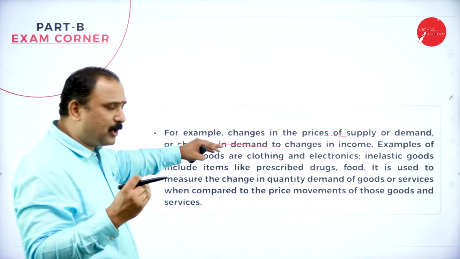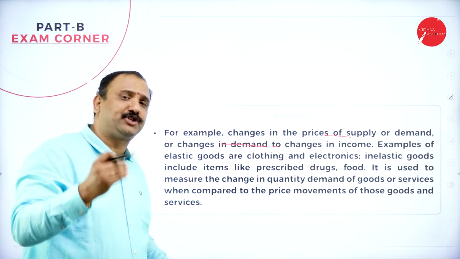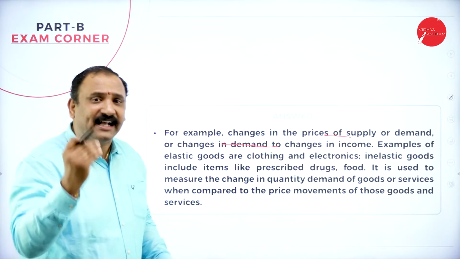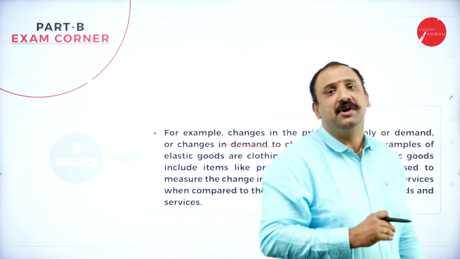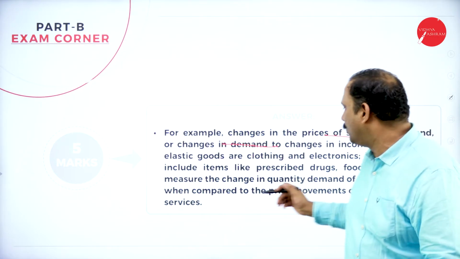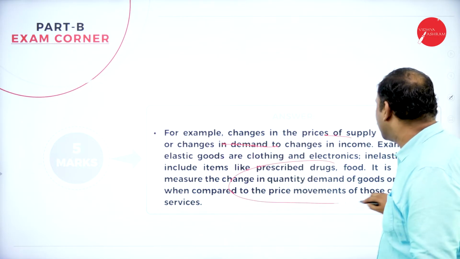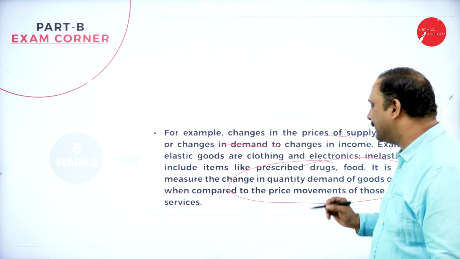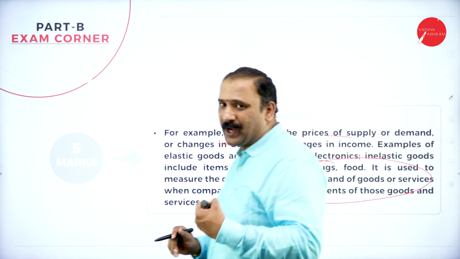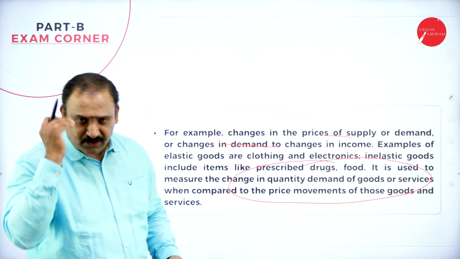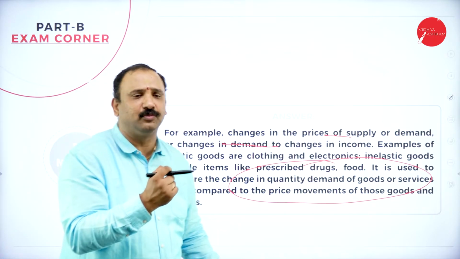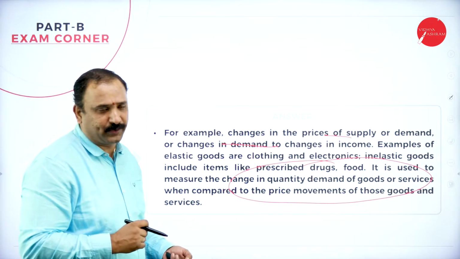When I give these examples, make sure that you include similar examples in the examination, because you will be able to score better. Whenever we measure the change in quantity demanded of goods and services compared to the price movements of these goods and services, this is mandatory. How you put these words, how you write it across altogether, matters.